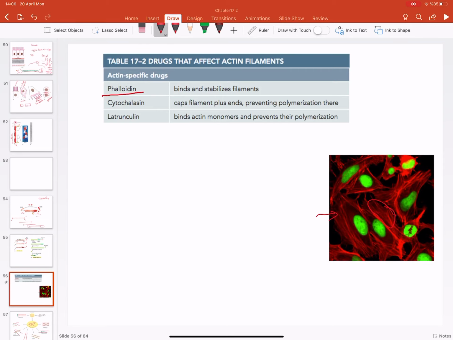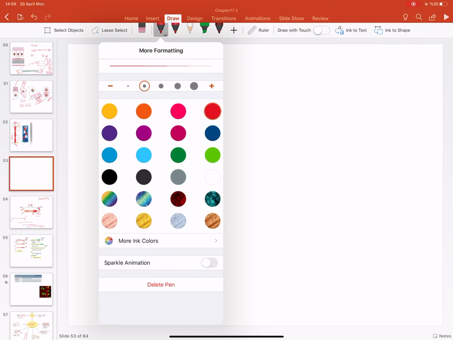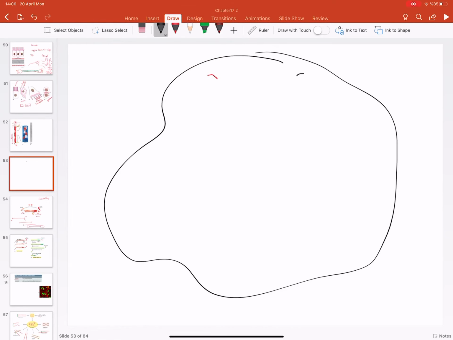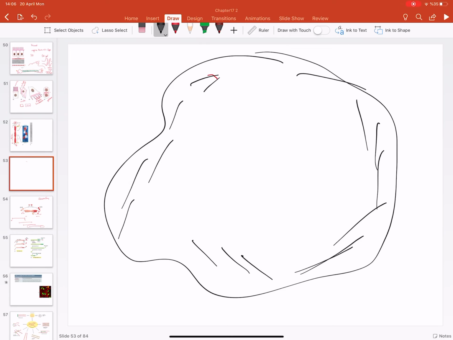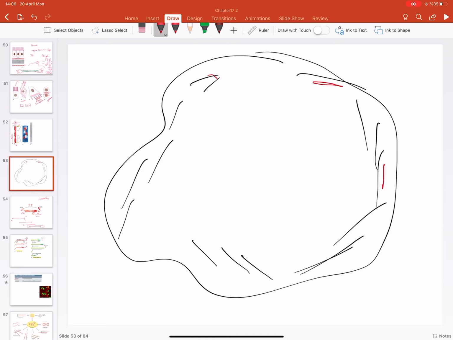But in a cell, you're going to see actin everywhere. Sorry, this is the cell and actin is simply everywhere. Phalloidin is going to bind on the sides of the actin. It is going to stabilize them. So the actin cytoskeleton cannot depolymerize anymore.